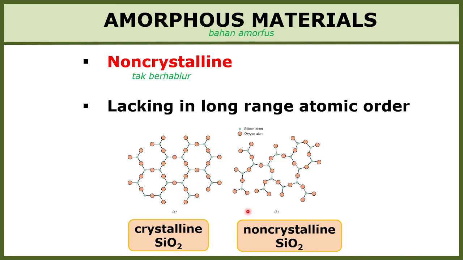But for non-crystalline, the arrangement is not systematic. So sometimes it is 6 atoms, sometimes we will get another type of atom. So for this type of material, it is non-crystalline. Some materials can behave as crystalline and non-crystalline. This is the example for silicon oxide.